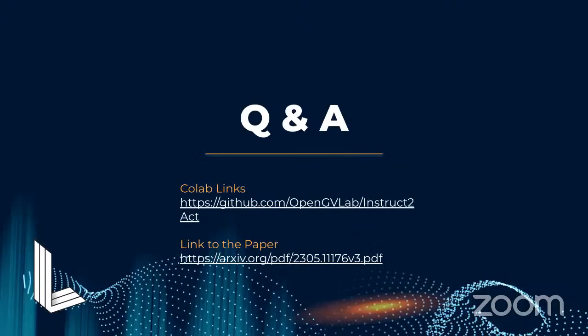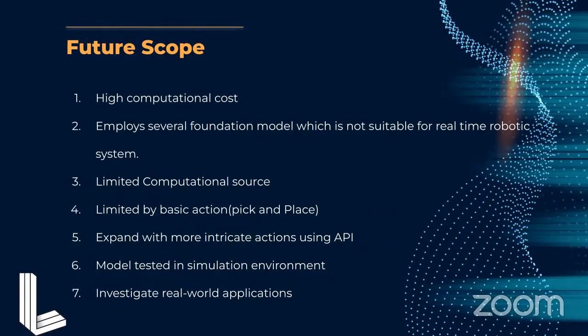We can use limited computational resources so we can reduce the cost as well. Our model is limited by the basic pick and place action, so we can add some extra actions and give some extra instructions so that our robot can perform those.